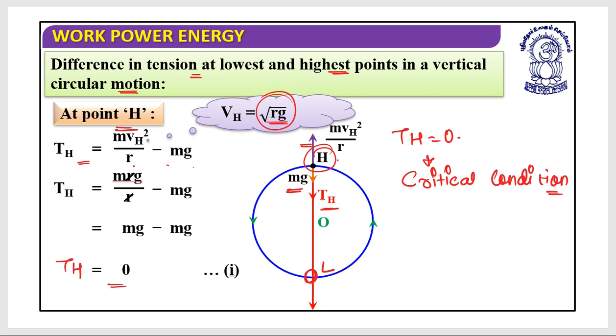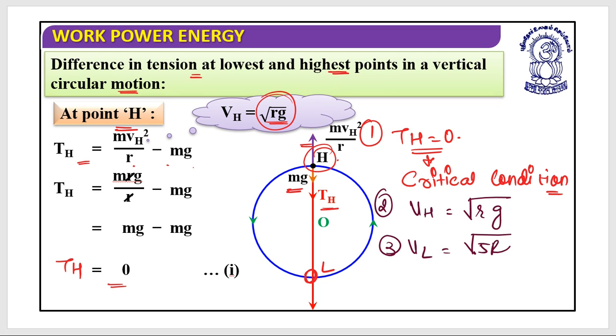When they say that, what they actually mean is, first, TH, tension at maximum height, is 0. Second, velocity at maximum height would be equal to root of rg. And third, velocity at the lowest point is equal to root of 5rg.